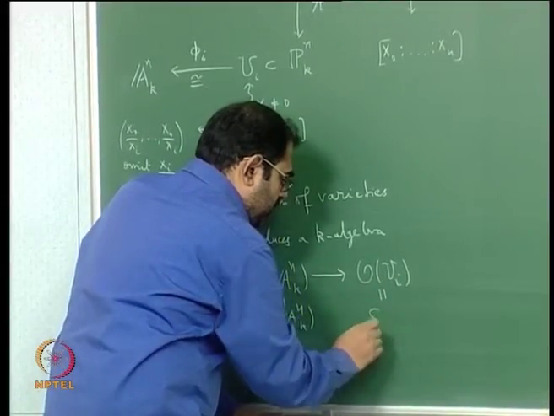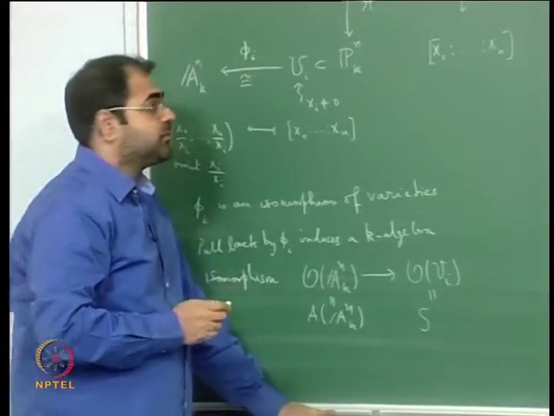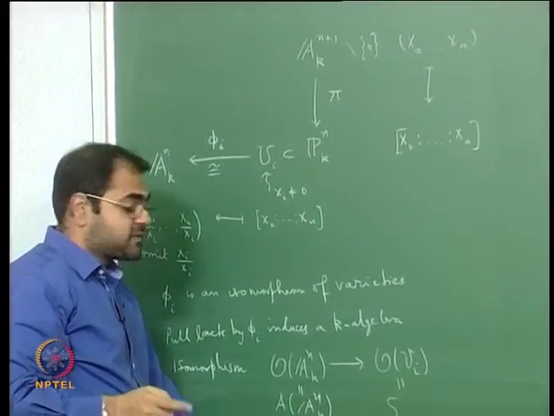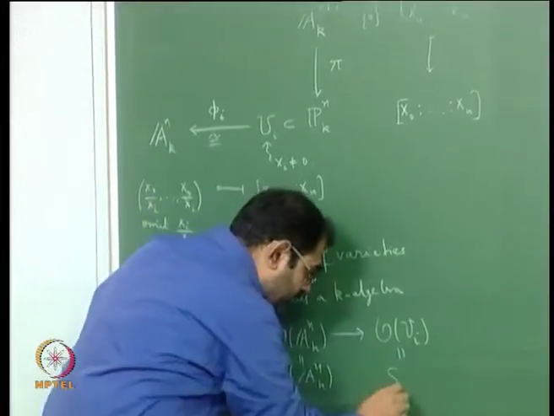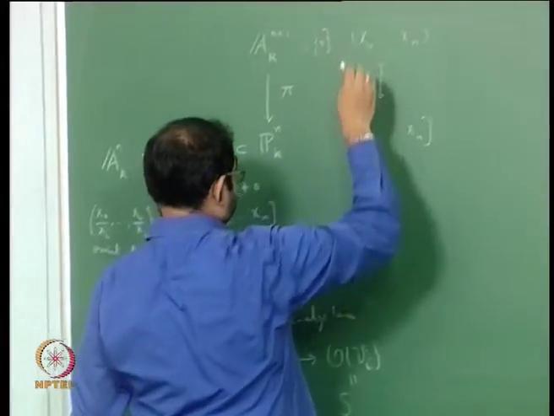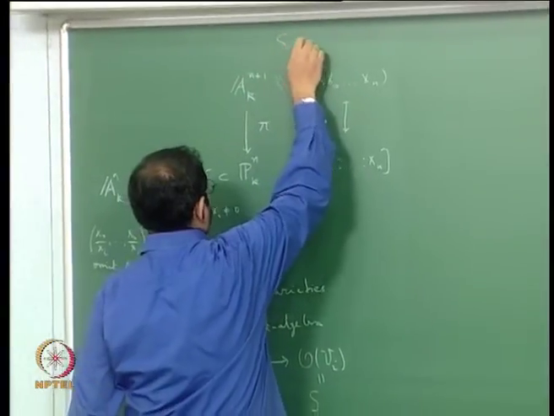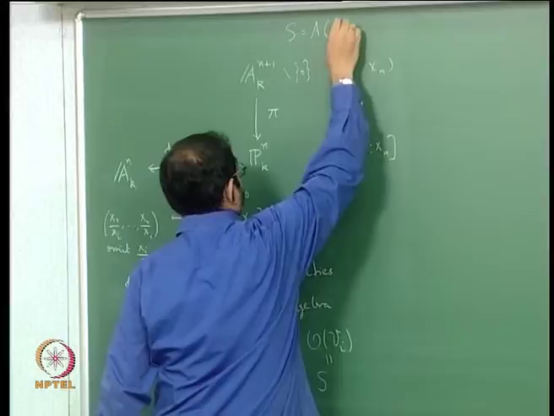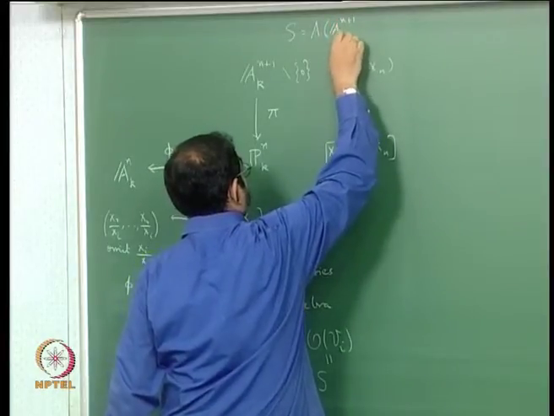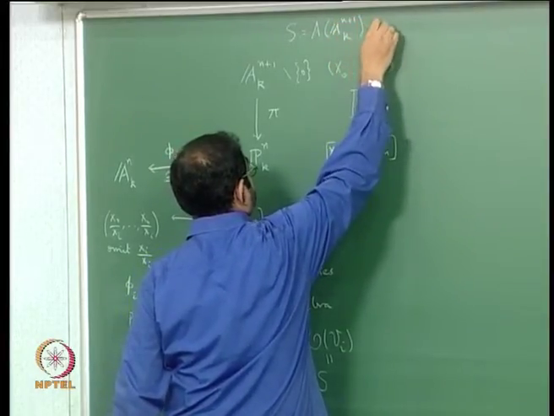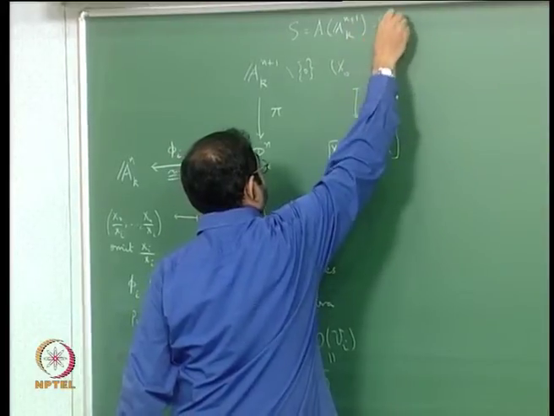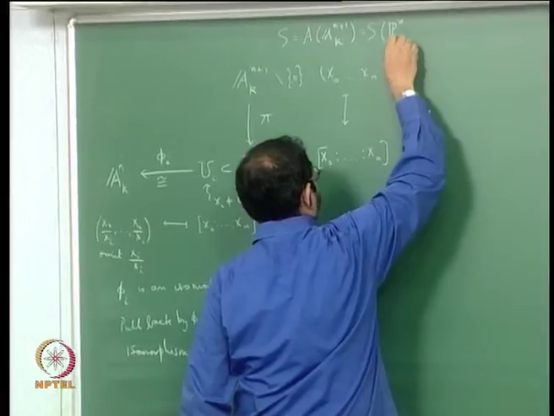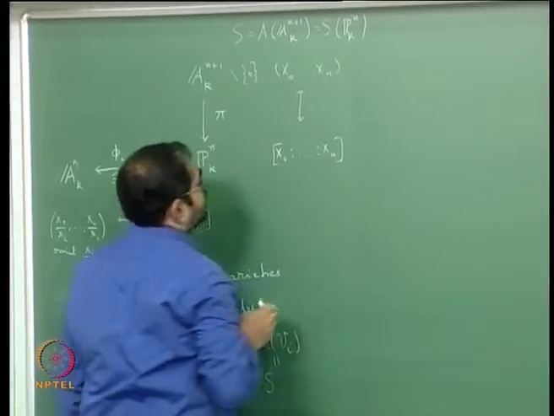and this guy here can be identified with the homogeneous localization of the polynomial ring corresponding to this affine space at xi, which means that you call S the affine coordinate ring of affine n plus 1 space, and it is also called the homogeneous coordinate ring of the n-dimensional projective space.